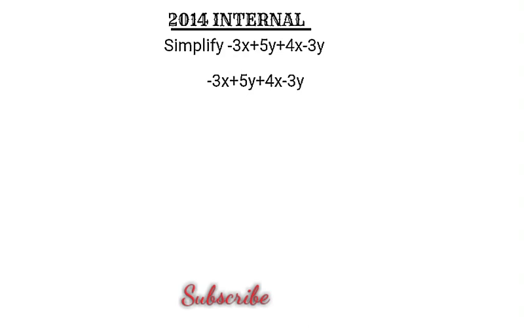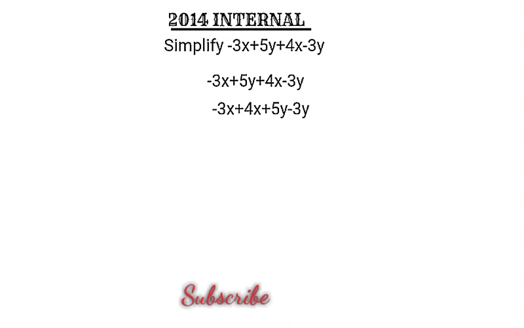First thing, we're going to put like terms together. So I'm going to write negative 3x, then which other term has x in it, that is positive 4x, then plus 5y, then minus 3y.